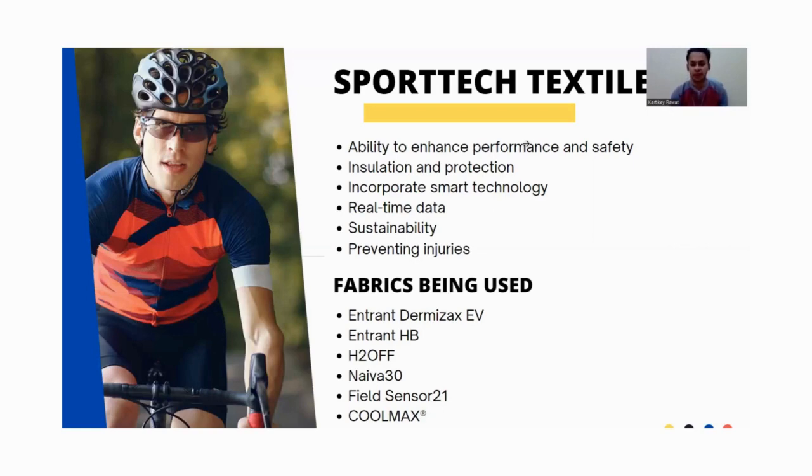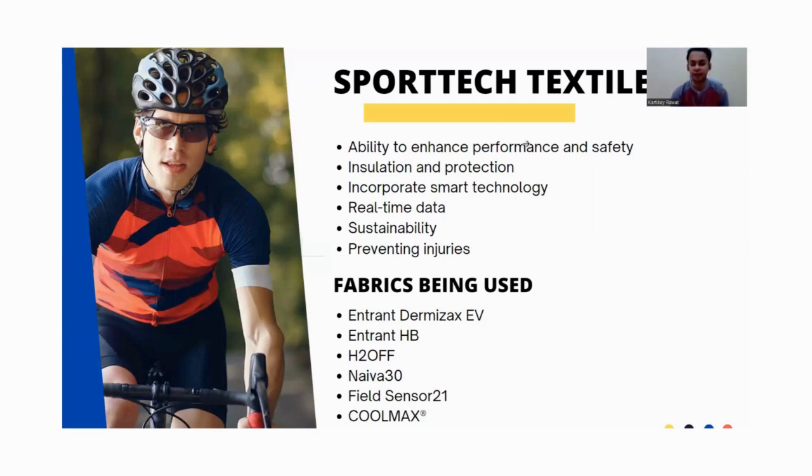So first is the Entrant Dermizax EV. It is a lightweight fabric that has excellent waterproof moisture permeability and durable water repellent properties as well. This fabric is ideal for active sportswear and can withstand high water pressure and repeated washing.